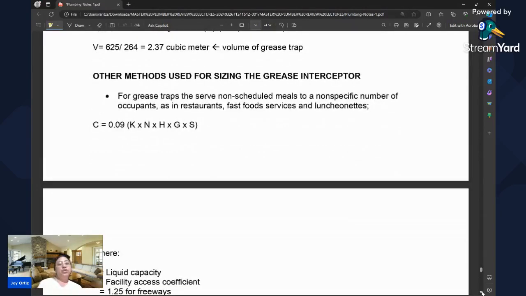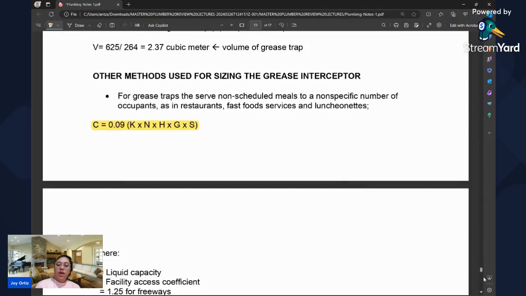So we have also the other methods used for sizing the grease interceptor. For these traps, they serve non-scheduled meals to non-specific numbers of occupants as in restaurants, fast foods, services, and luncheonettes. C is equals to 0.9 KNHGS.